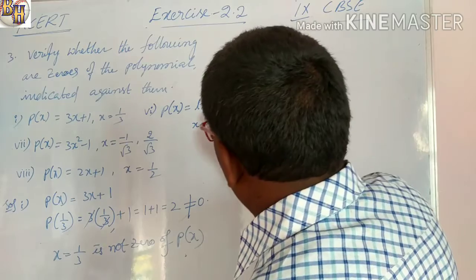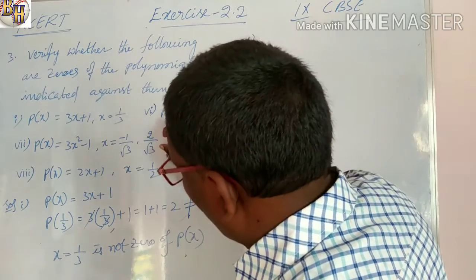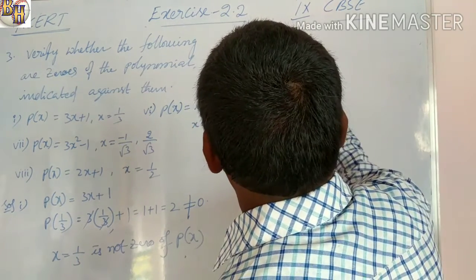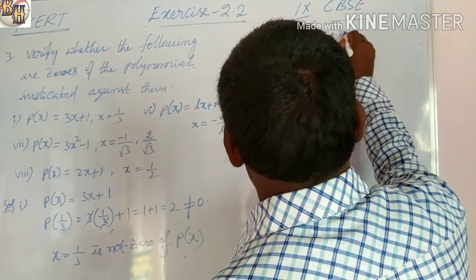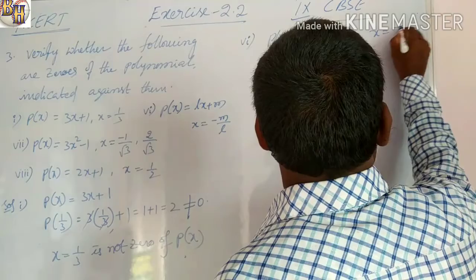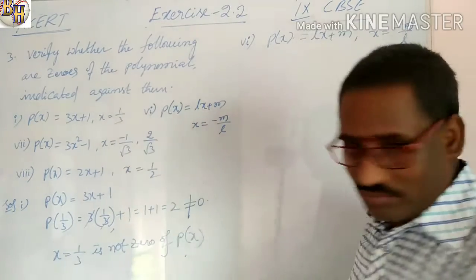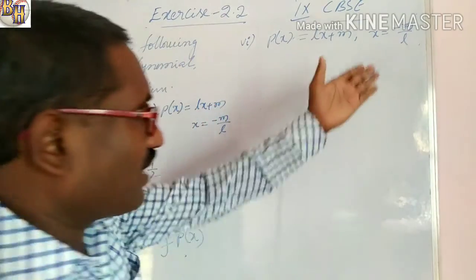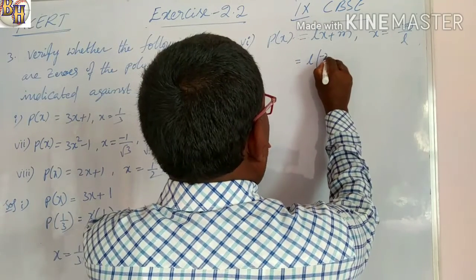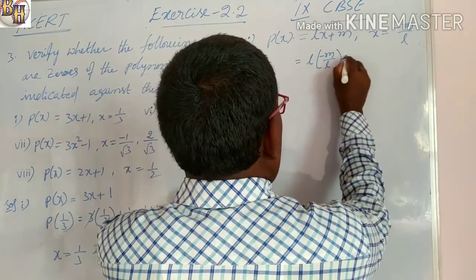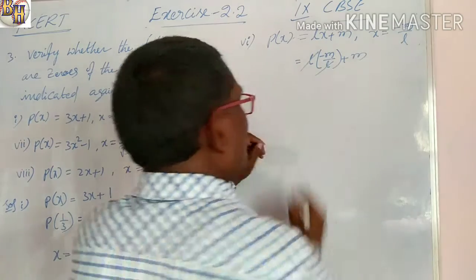P of x is equal to Lx plus m. Here x is equal to how much given? Minus m by L given. In the place of x, write minus m by L: L into minus m by L plus m. L cancel.